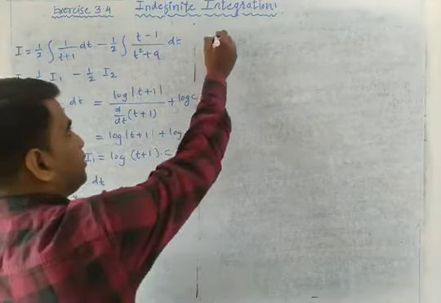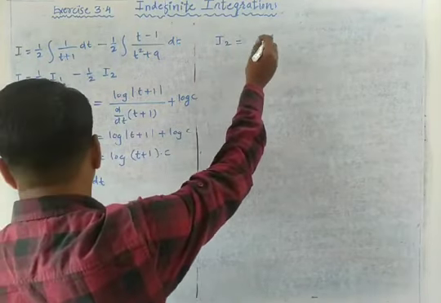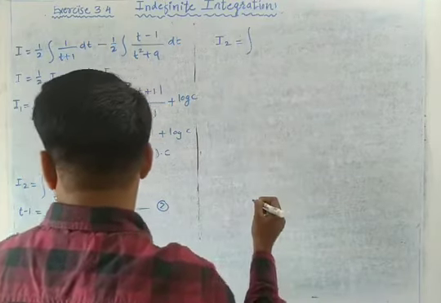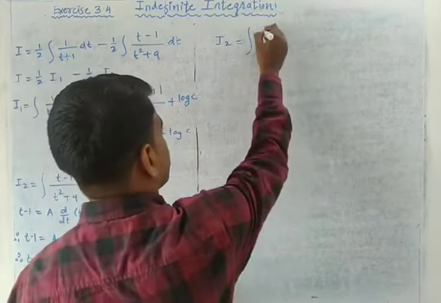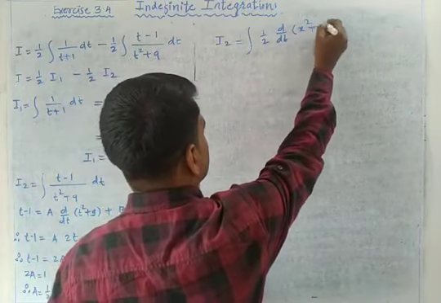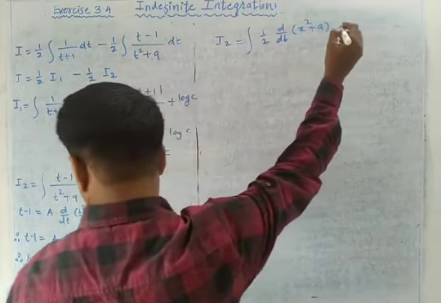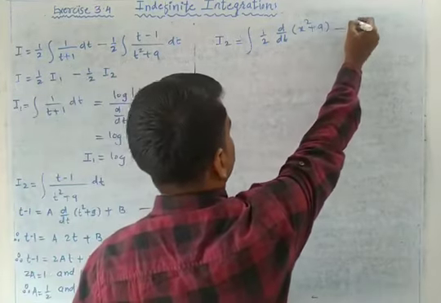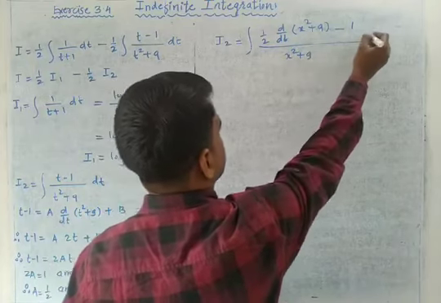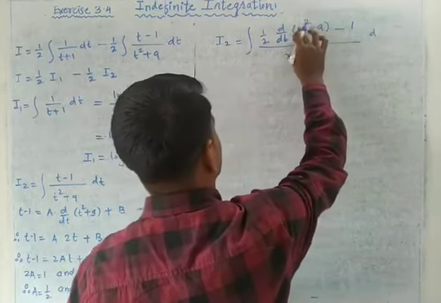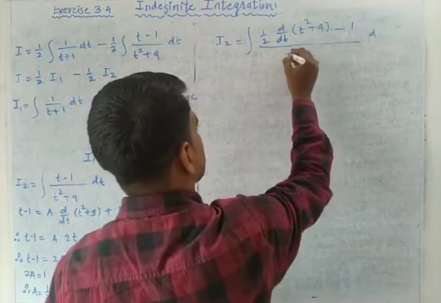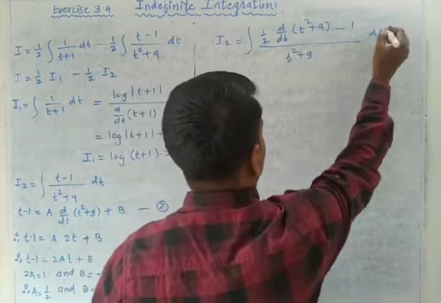Now integration I2 can be written as integration, value of a for numerator is a half into d dt of denominator, that is t square plus 9, plus value of b is minus 1, so minus 1 upon t square plus 9, sorry, x square means t square, dt.